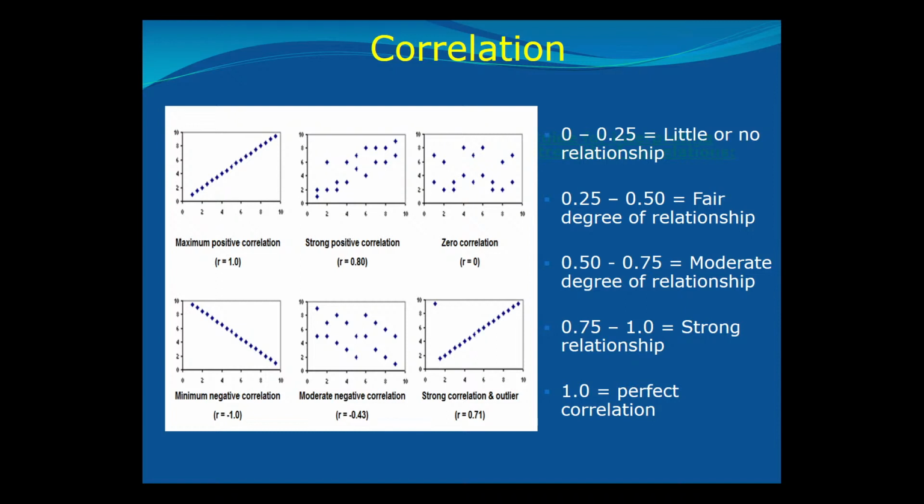Correlation coefficient equals minus 0.4, and the graph looks like this one. And the last graph shows strong correlation and one outlier. Correlation coefficient equals 0.7 because of one outlier.